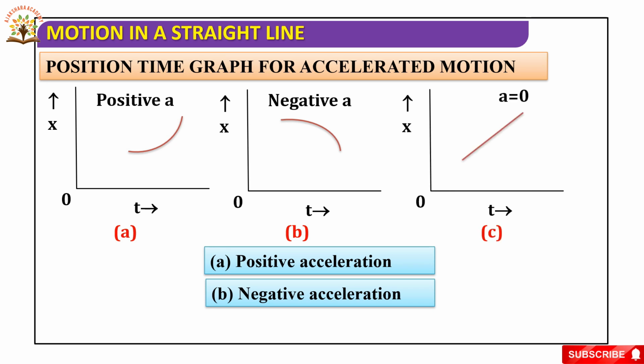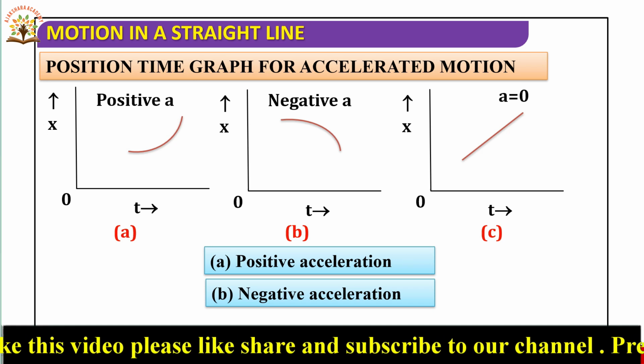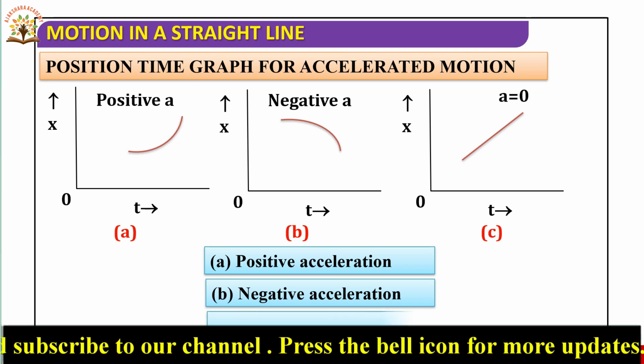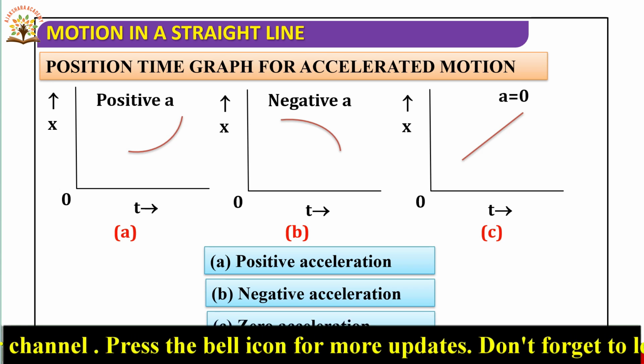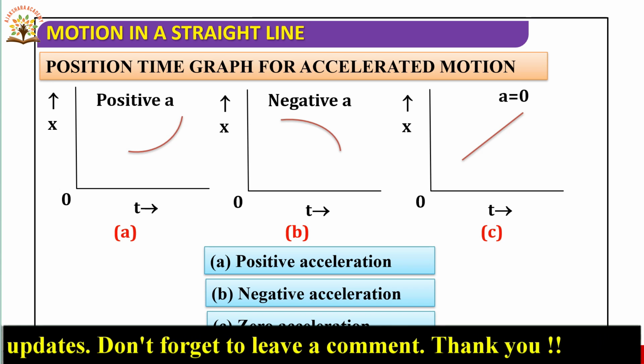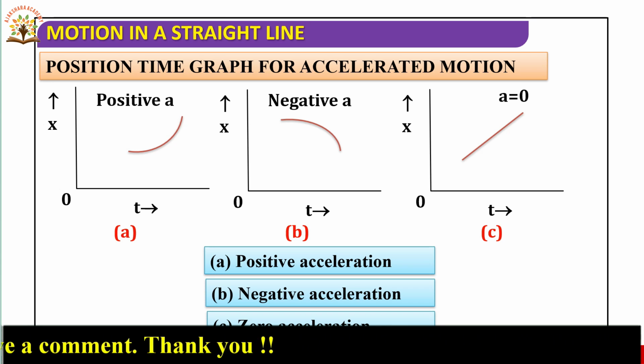Next, here time is along the x-axis and x along the y-axis. In this situation, there is zero acceleration. When a body moves with a uniform velocity, its acceleration is zero.